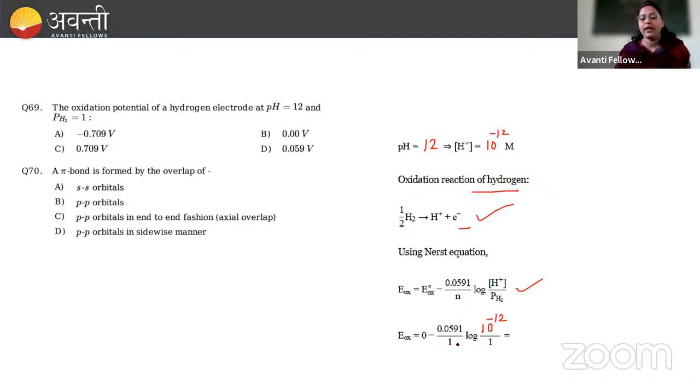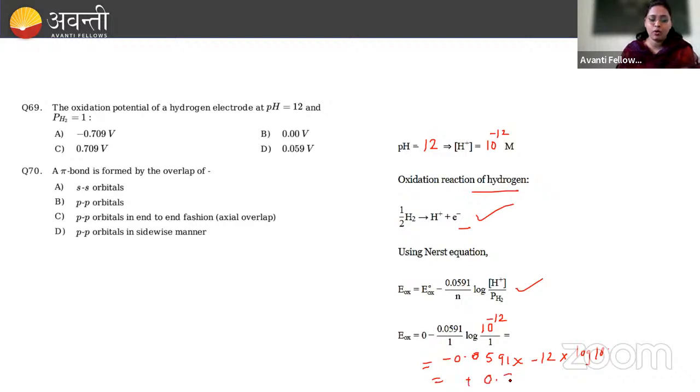After taking the log, when we calculate this, minus 0.0591 multiplied by -12 comes ahead, so we take it as -12, and log of 10, right? Log of what? 10. So do this calculation. After calculating, what answer will you get? 0.0591 multiplied by 12. You will get the answer. It is equal to how much? It is equal to minus plus.